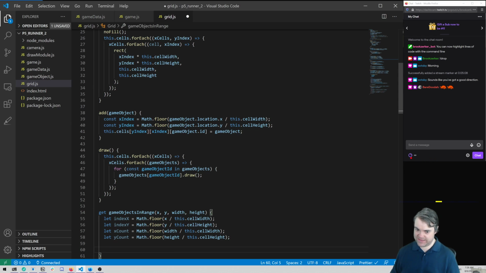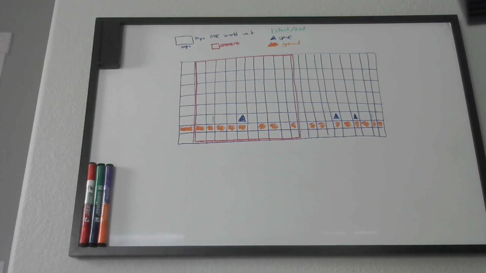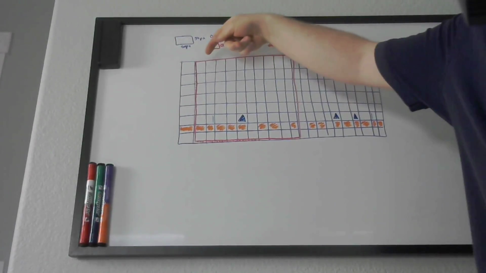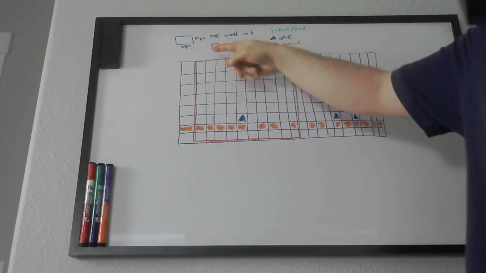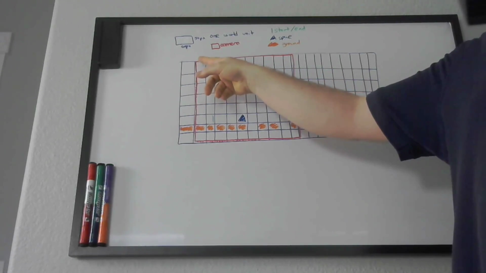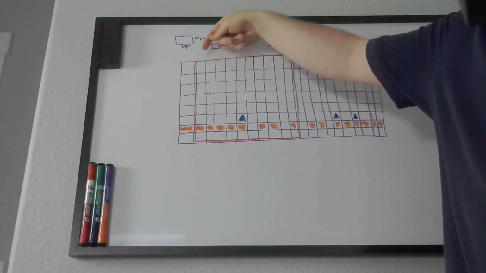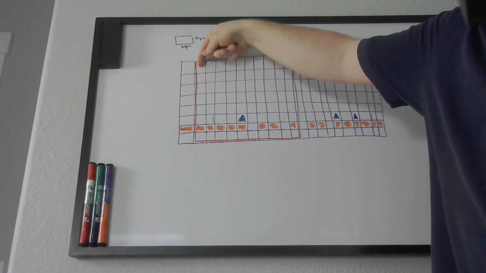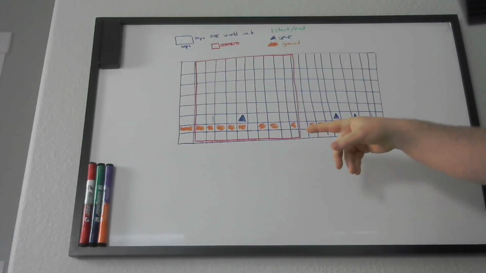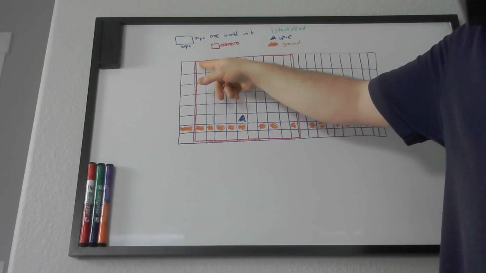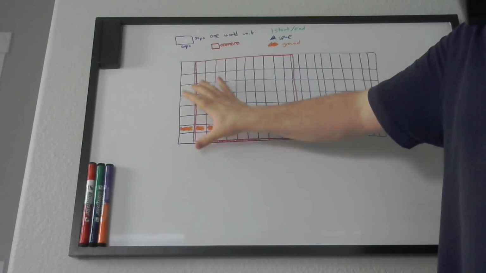So what I think this is going to be, and if we go back to our whiteboard here, we're going to start with essentially this point right here. So the x index and the y index will give us this box. And then we have the x count. So we have the array going down.